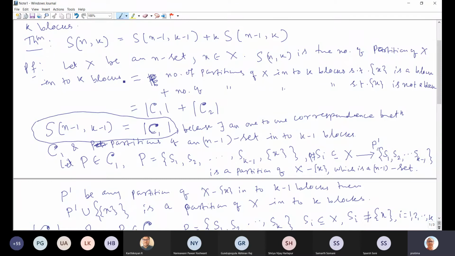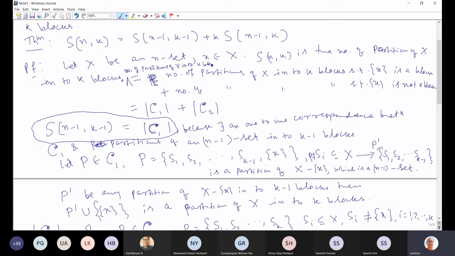Let us include this statement that here I am taking the collection of all partitions of X. I mean, this is exactly the same thing I have written with the S(n,k) notation, number of partitions of X into K blocks.